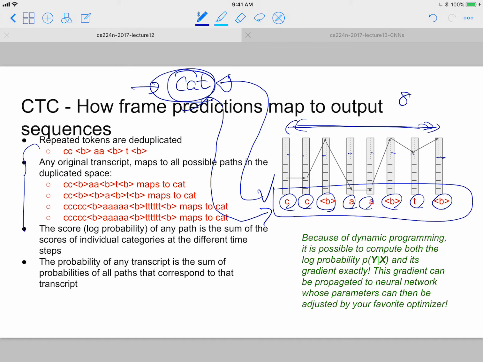So this is a ground truth. So this one is not first. This cat is our starting point.